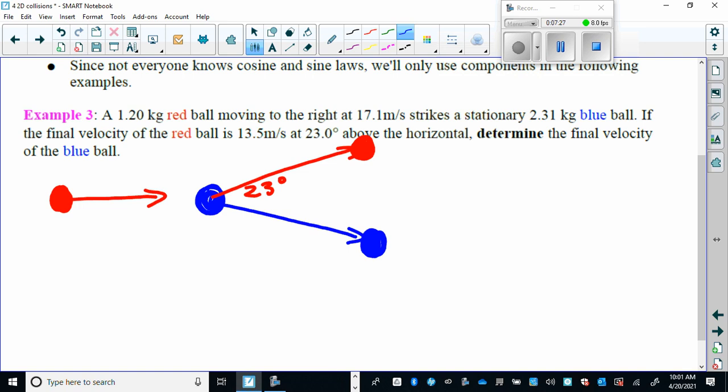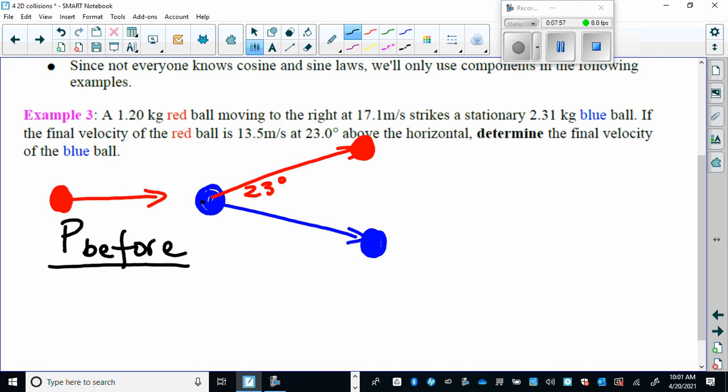So we're going to find out the total momentum before, and then we're going to make sure that that equals the momentum after. In this problem, the momentum before is really easy because the blue ball is stationary, so it has no momentum. The red ball is moving, and it's moving horizontally only, so it has only a horizontal component.